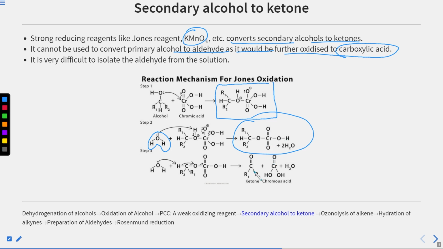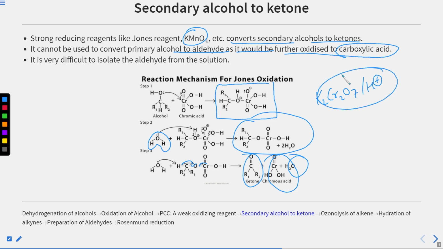Clear? Now in the next step, what happens? This H2O takes one H and we are left with this. See this ketone. So these bonds move here and this is kicked out. And we got this chromous acid plus H2O. So this is the reaction mechanism for Jones reagent. You can also be given this kind of thing, K2Cr2O7 with H+ or Na2Cr2O7.